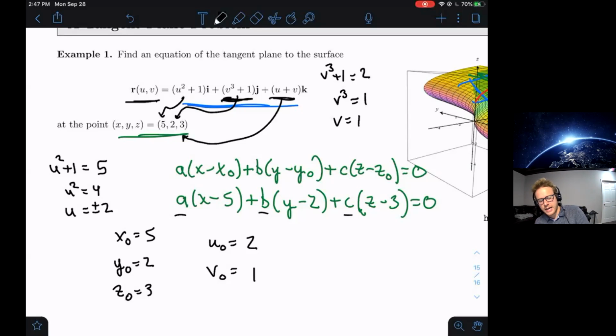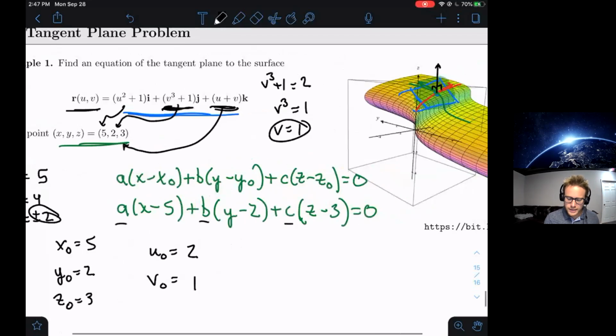And then finally, the last coordinate here actually helps us definitively say that U needs to be 2, because when we add these things together, we need to get 3, and the only way that works is if U is equal to positive 2 and V is equal to 1. So that's how you would get that correct Z value. All right, so now we have some specific points that we're interested in terms of U's and V's.